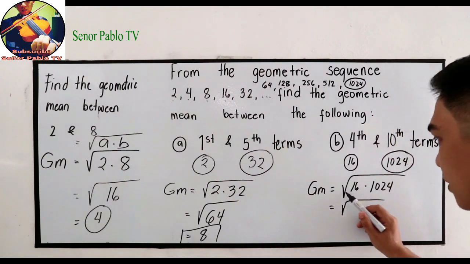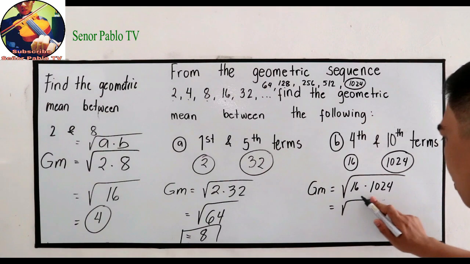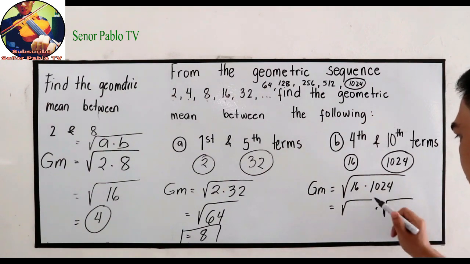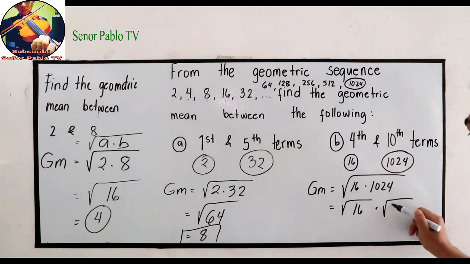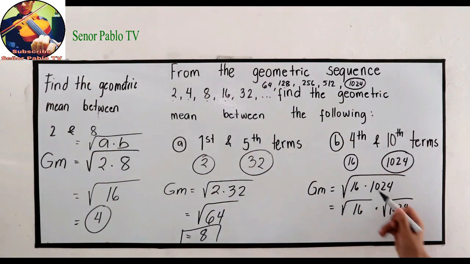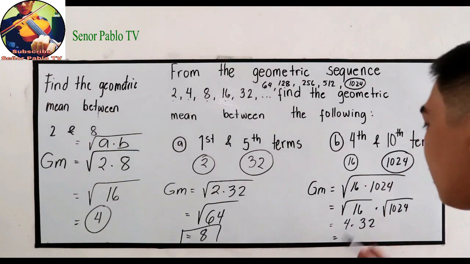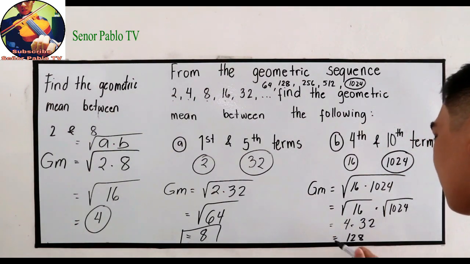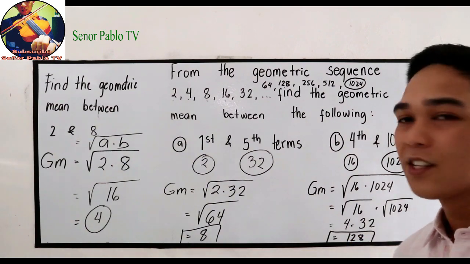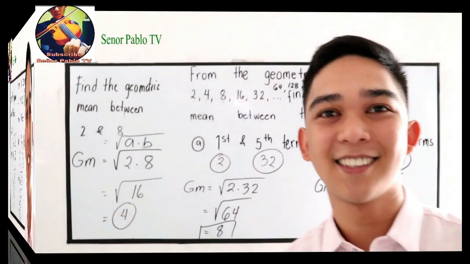So, kung kunin natin yung square root nito, pwede natin yung isulat na square root of 16 times square root of 1,024. Square root of 16 is 4 times square root of 1,024 is 32. So, final answer natin, 4 times 32, that is 128. So, ayan po si geometric mean.